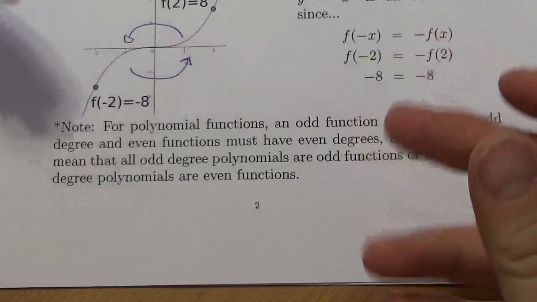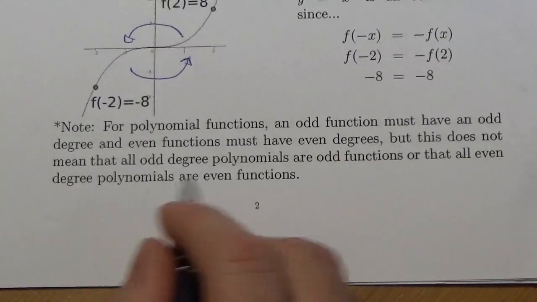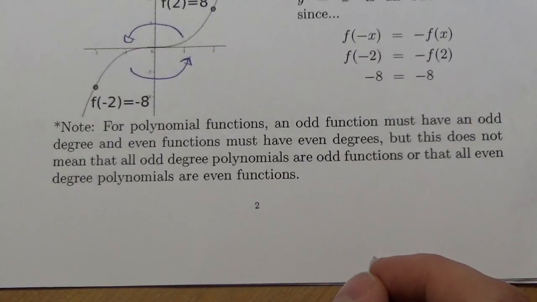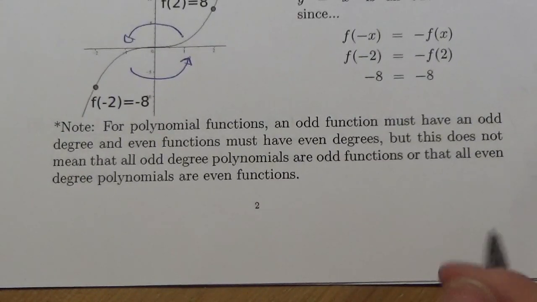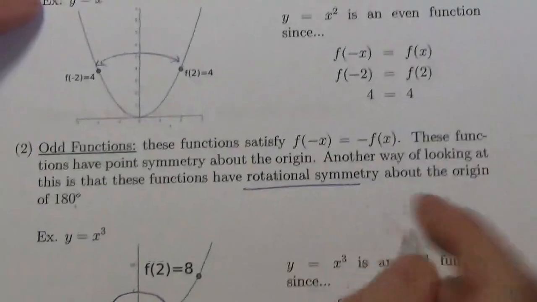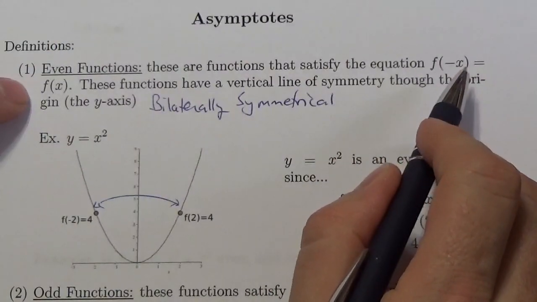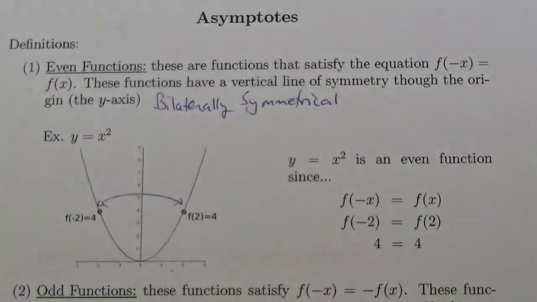And you can probably glean that from the examples that we just did. But this does not mean that all odd degree polynomials are odd functions, or that all even degree polynomials are even functions. You could have other things happening there that keep your functions from obeying the rules that we use to define odd and even. So let's take a look at a couple of examples and you'll see what I mean.